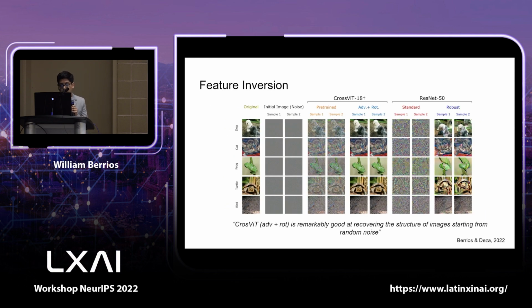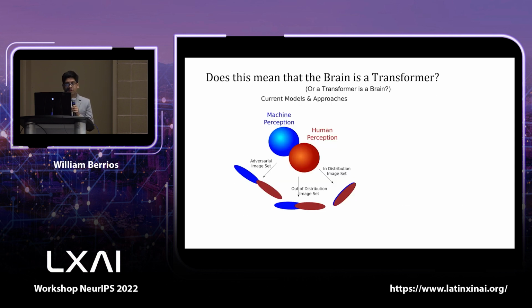So by doing this experiment, we verify, for example, that the cross VAT in the middle, with adversarial training and rotation, is remarkably good at recovering the structure of images starting from random noise. And also you can see that it resembles almost equally the input original image with respect to the ResNet 50. That's a good job, but it's not as good as the cross VAT.